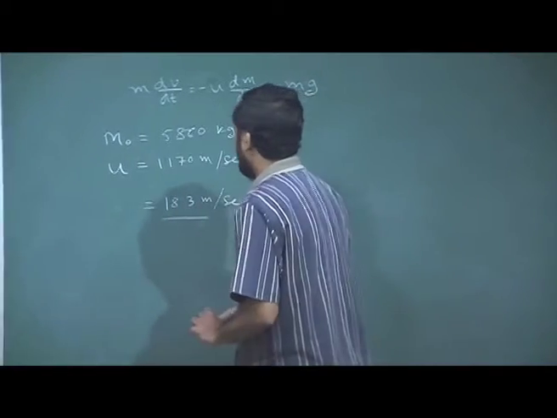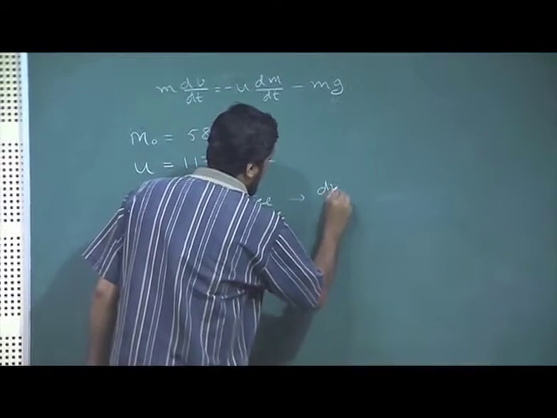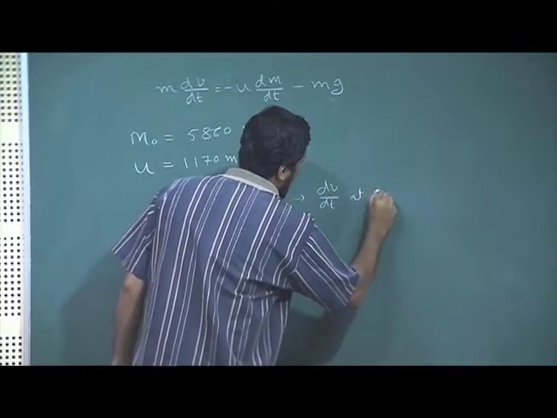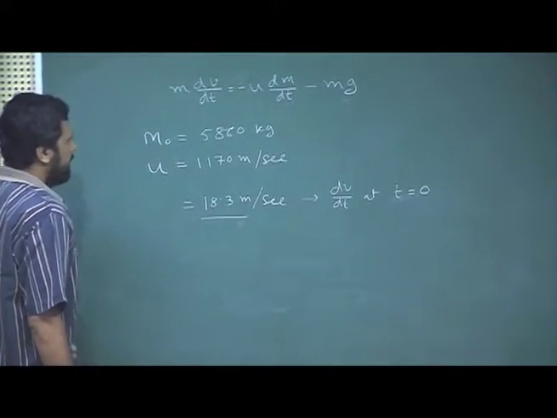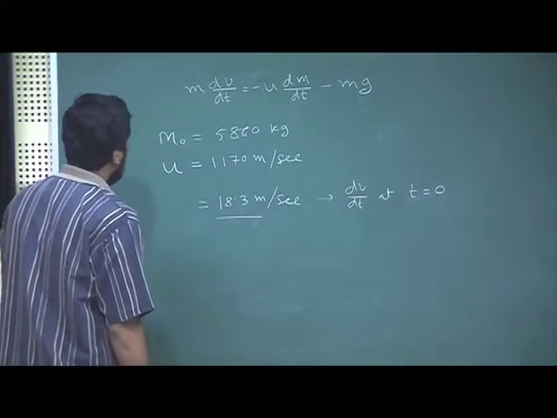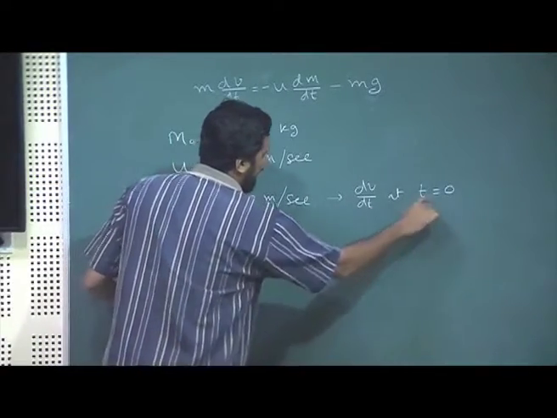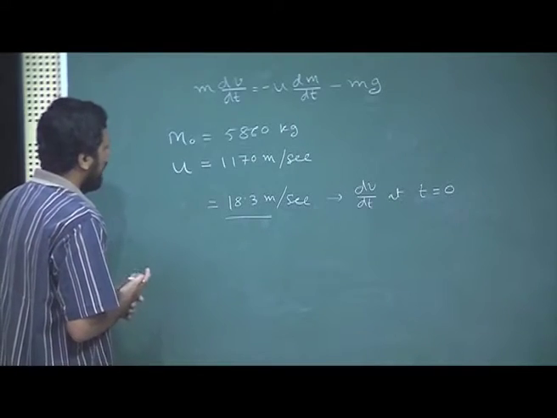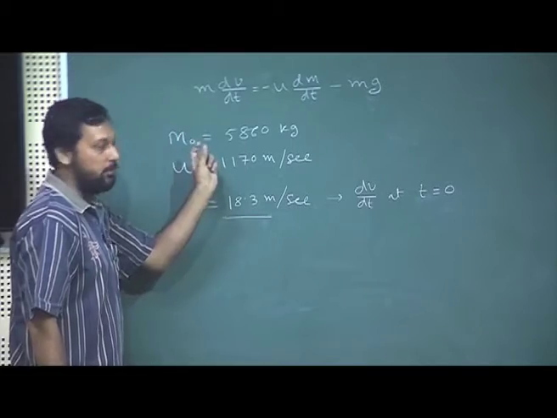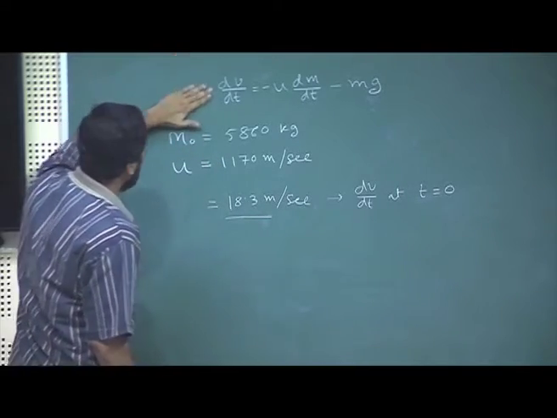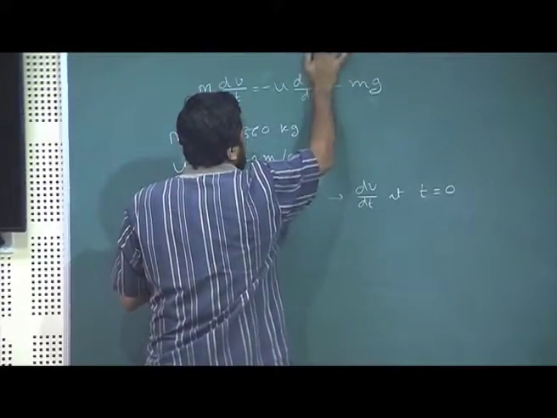So, please understand, this is the acceleration dv dt at t equal to 0. Okay. So, if this is the case, then we can substitute this number for dv dt at time t equal to 0, and also because it is only at time t equal to 0, we can substitute, sorry, this is capital M, please excuse me for this.